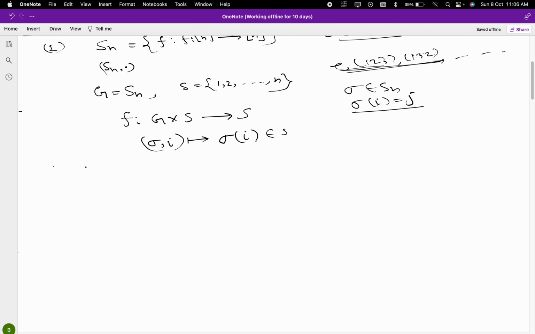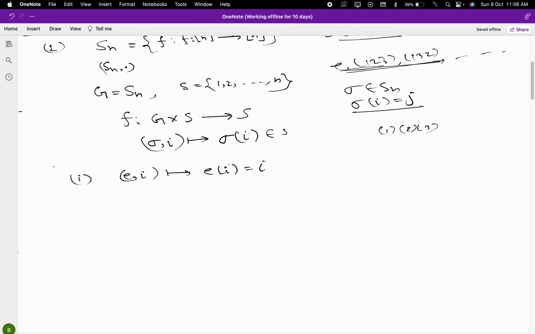The first property says: e comma i, where will it go? e of i. What is e of i? It is actually i. Identity means 1 goes to 1, 2 goes to 2, 3 goes to 3, so for any i, i goes to i.